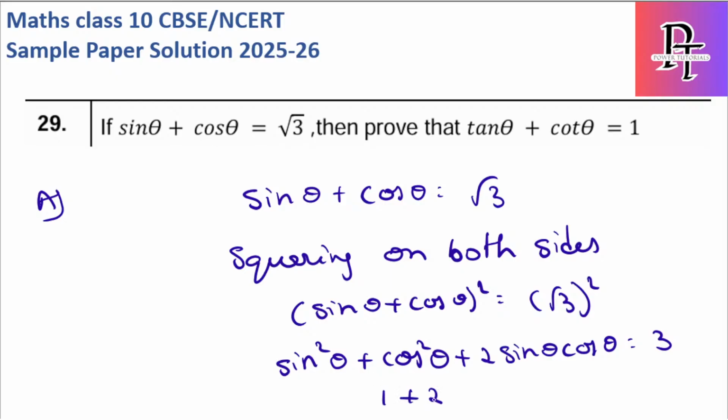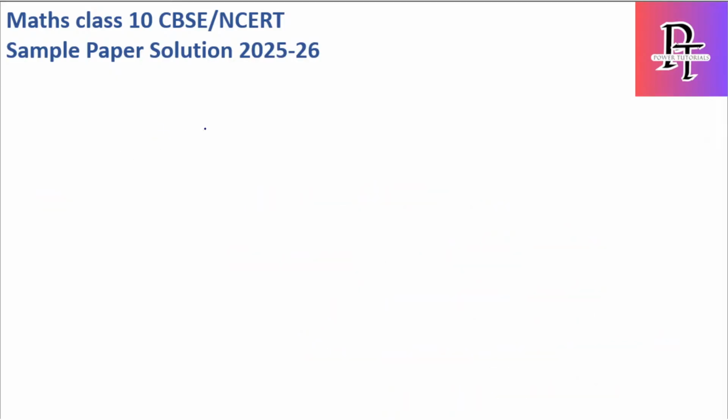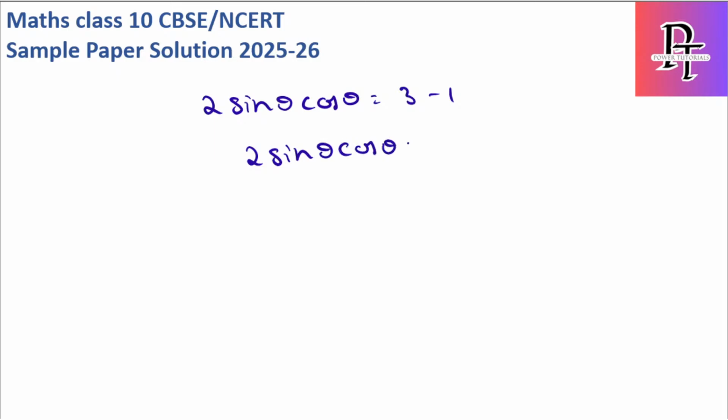So 1 plus 2 sin theta cos theta is equal to 3. If I move 1 to the other side, I will get 2 sin theta cos theta, which is equal to 3 minus 1. So 2 sin theta cos theta is equal to 2, or simply sin theta cos theta value I got as 1.